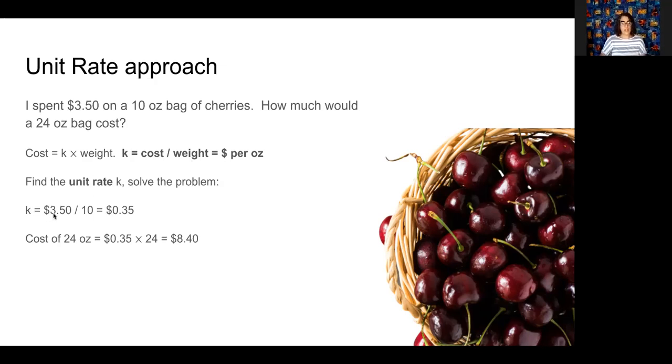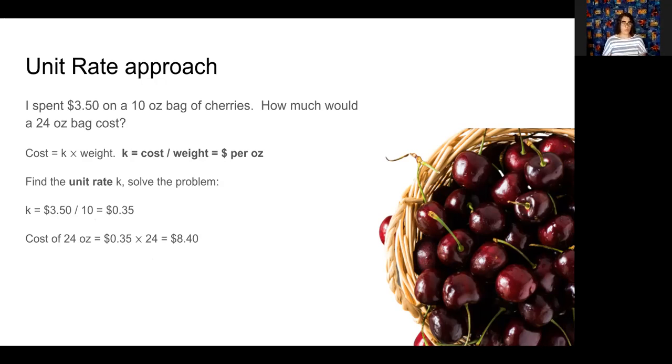In this case, that would be 350 divided by 10, or 0.35. My cherries cost 35 cents per ounce. So to buy 24 ounces, I would take that 35 cents per ounce and multiply by 24 to give me $8.40. So I calculated that constant of proportionality in order to solve the problem.